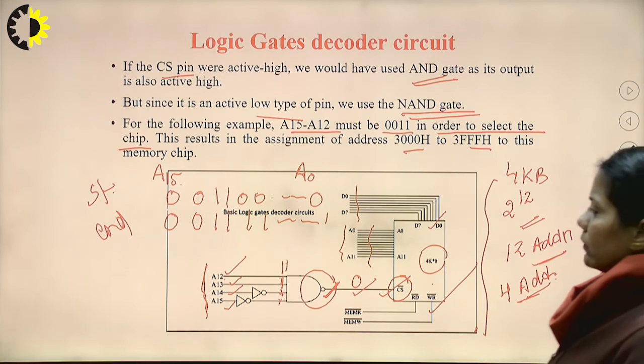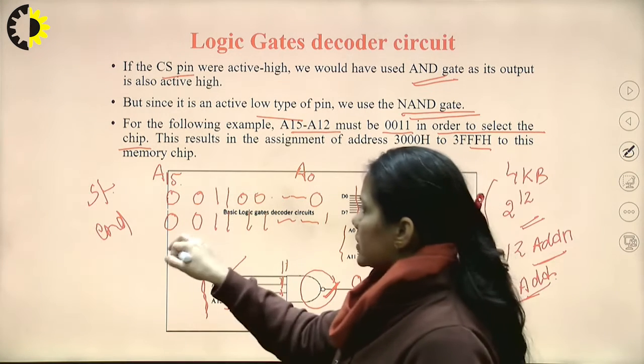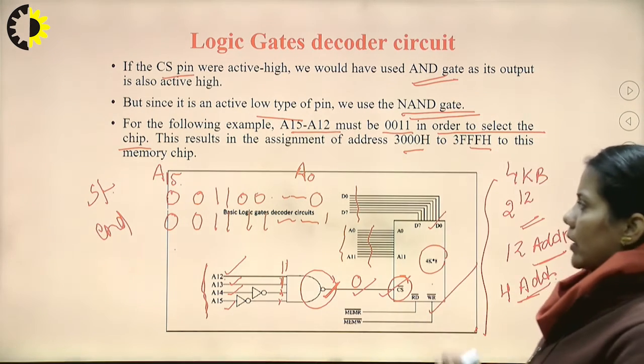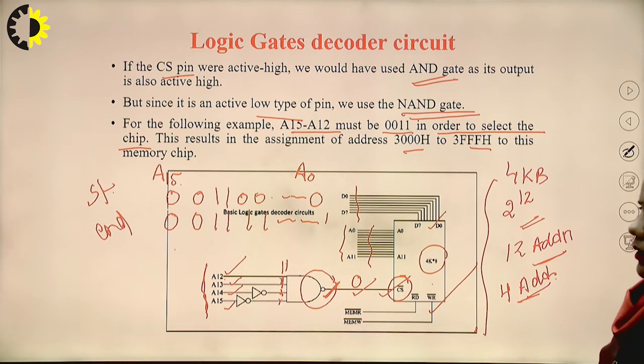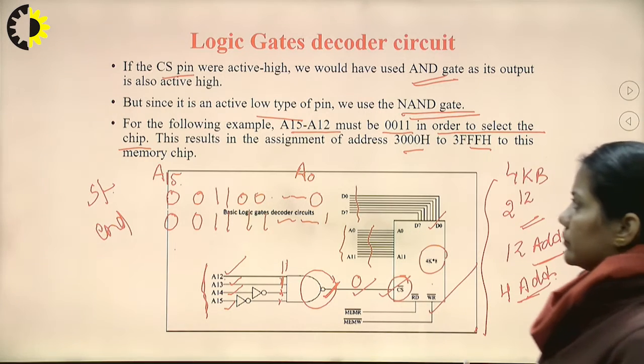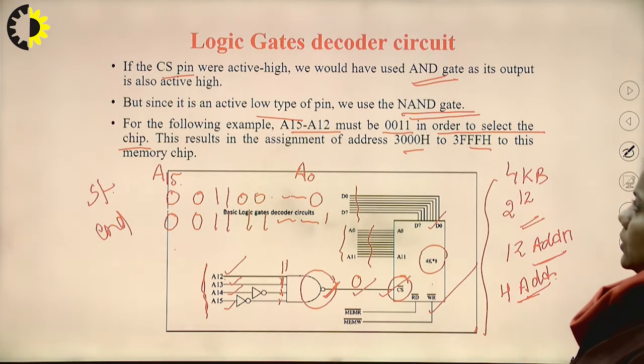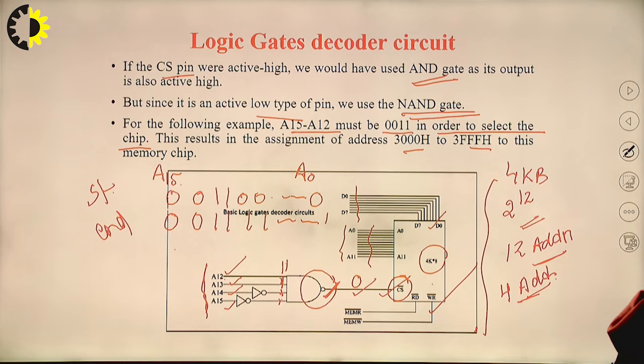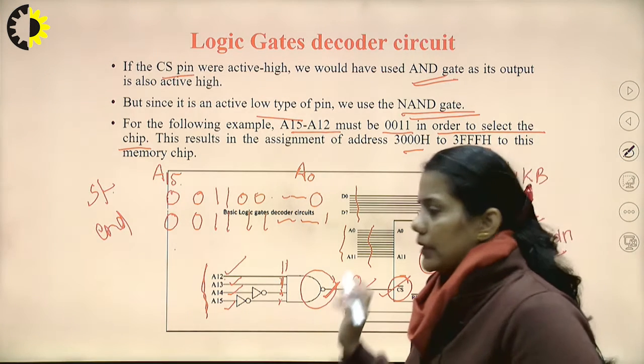So in this way, we can define the starting address and the ending address, that is the range of addresses which can be accessed using this memory chip. So this was implemented using gates.